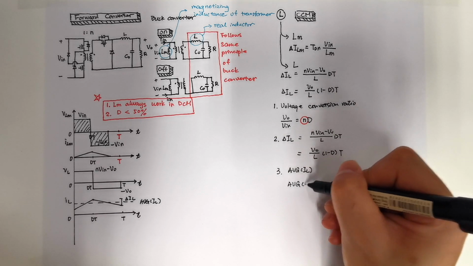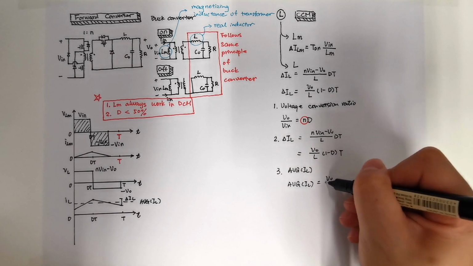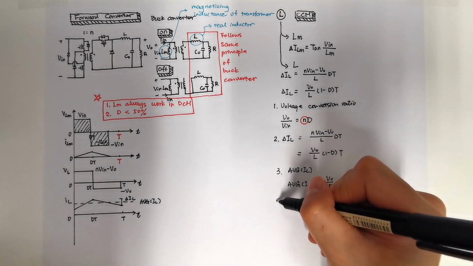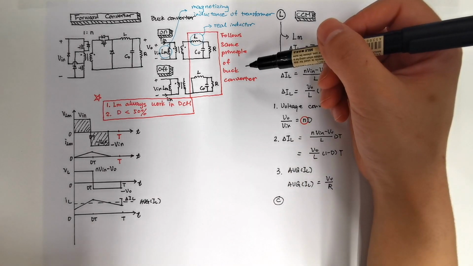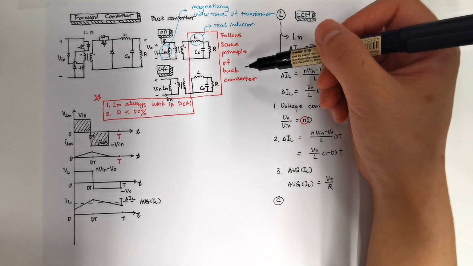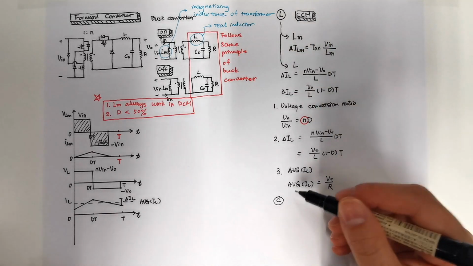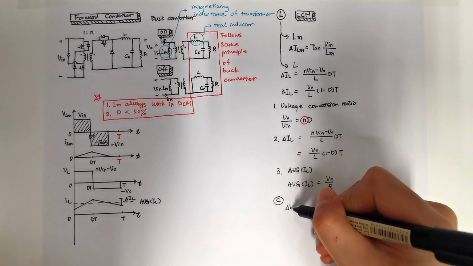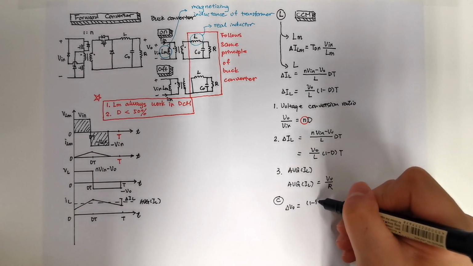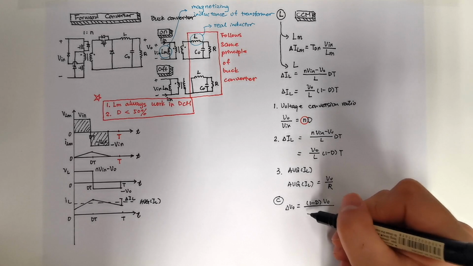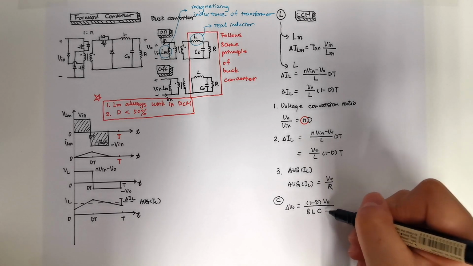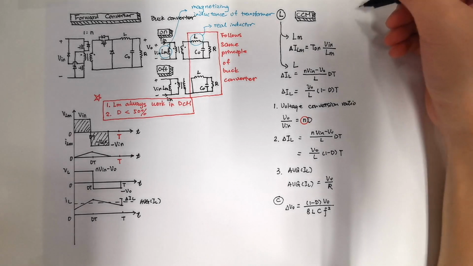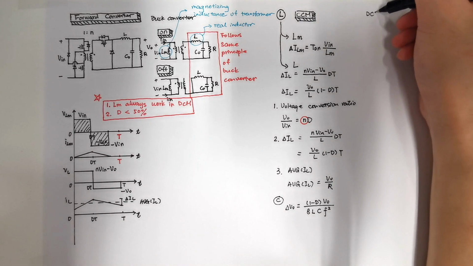So our average IL is equal to Vout divided by R. When we do the analysis of the capacitor, as I said, the secondary part always follows the same principle of the buck converter. So this is also the same as the buck converter. Our delta Vout equals (1 minus D) times Vout divided by 8LC frequency squared.